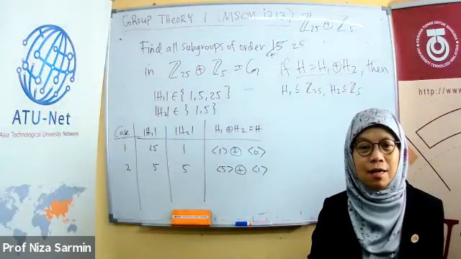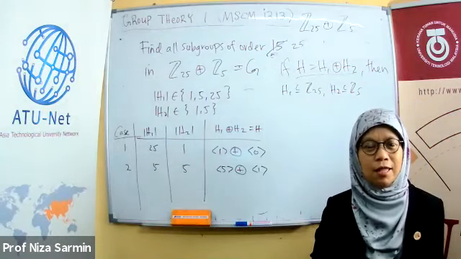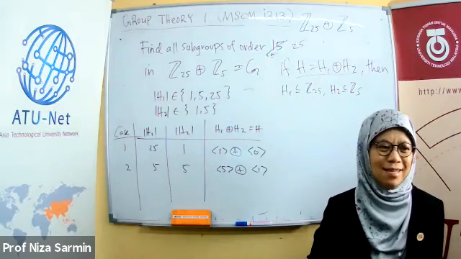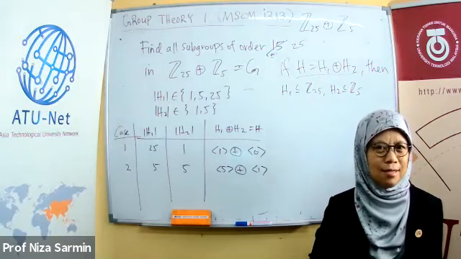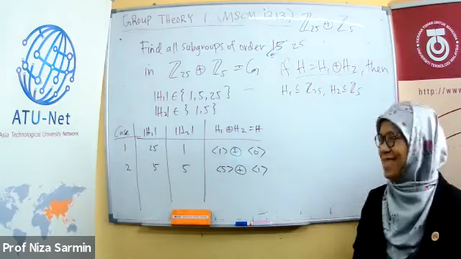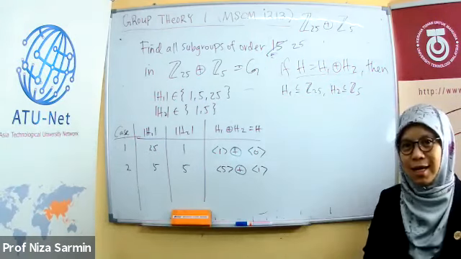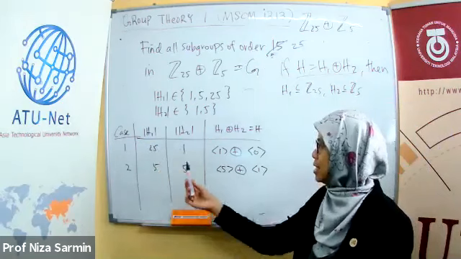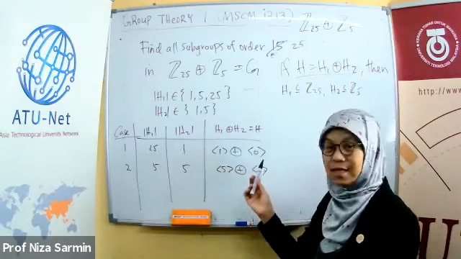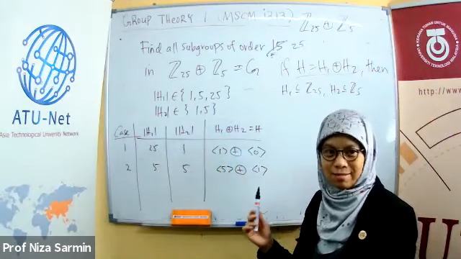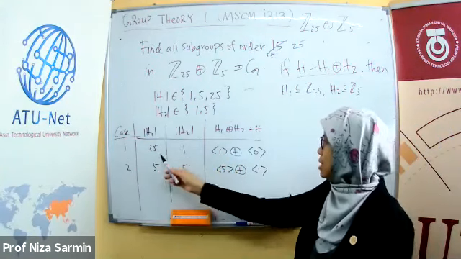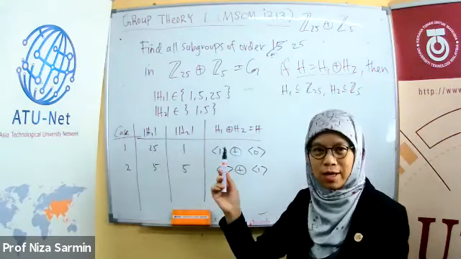My next question is, are they cyclic? Hannah, are they cyclic? You remember? They are cyclic if this is cyclic, and the GCD is 1. Okay? The GCD here is 1.